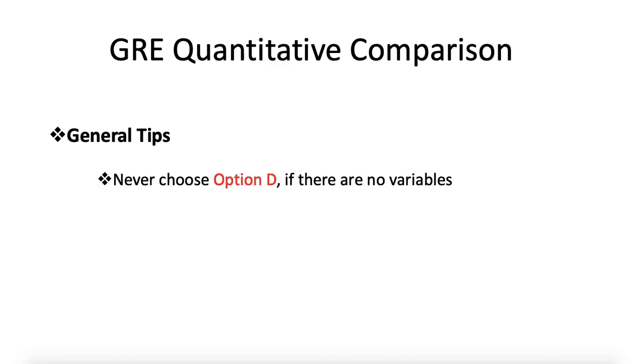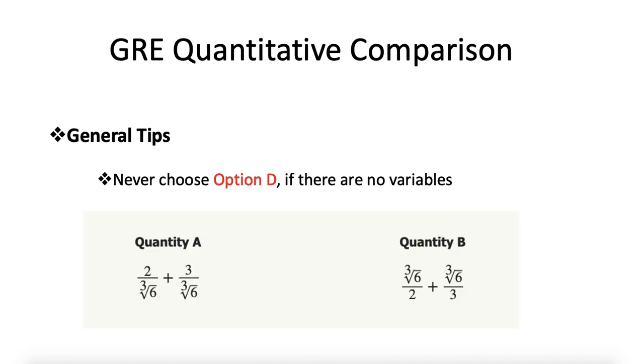First one is, if we have no variable involved in the question, never choose option D. Let's see this question. We have proper constant values on both sides. That means there will be some answer for quantity A and some answer for quantity B. There is no variable involved.